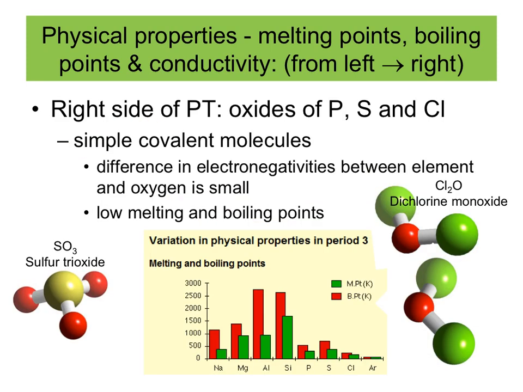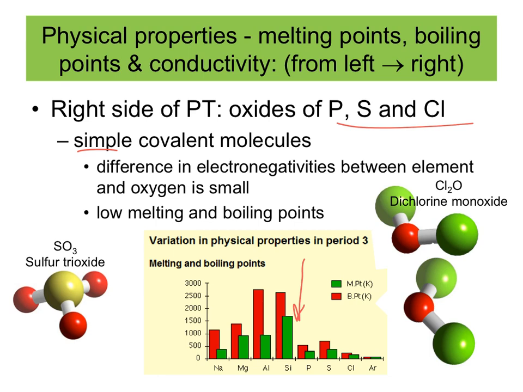So on this graph, you can see the big drop. As we go from the silicon oxides to the phosphorus oxides, the melting and boiling points go way down. So there must be a very different structure to these molecules. So when we're looking at phosphorus, sulfur, and chlorine, these are covalent compounds that are just going to be very simple. They're just going to come in single, double, triple bonds, just set numbers of elements, just very simple molecules.